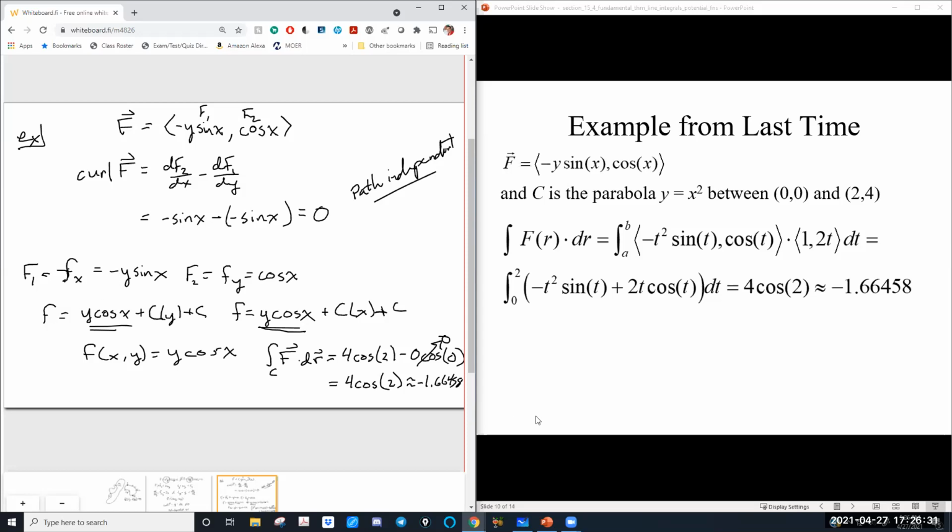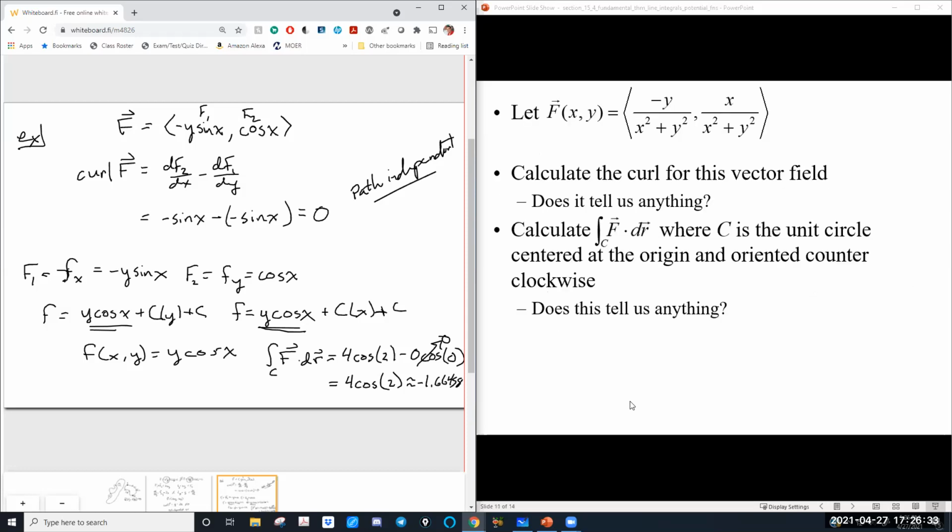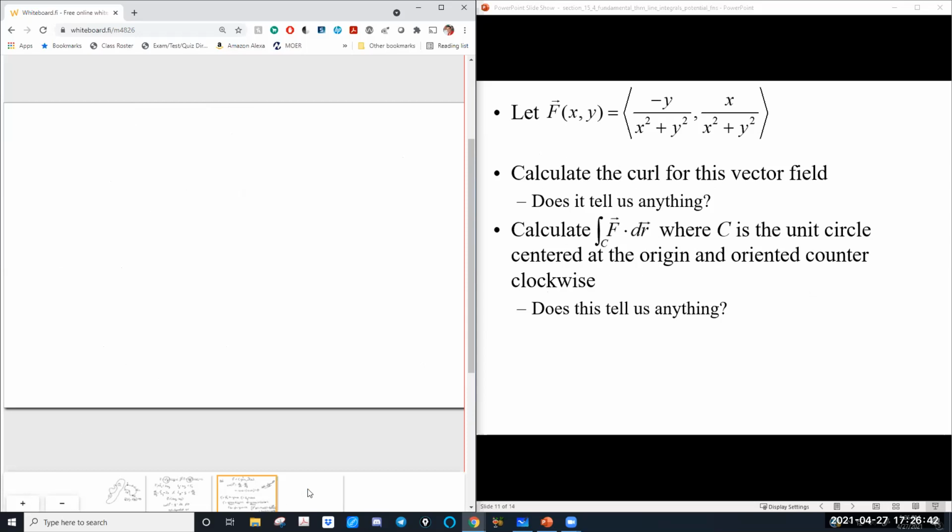Okay, we did the curl test. All right, so we're going to take a look at this one. I am going to go through it a little bit quickly, just for time's sake, but it is worth looking at.